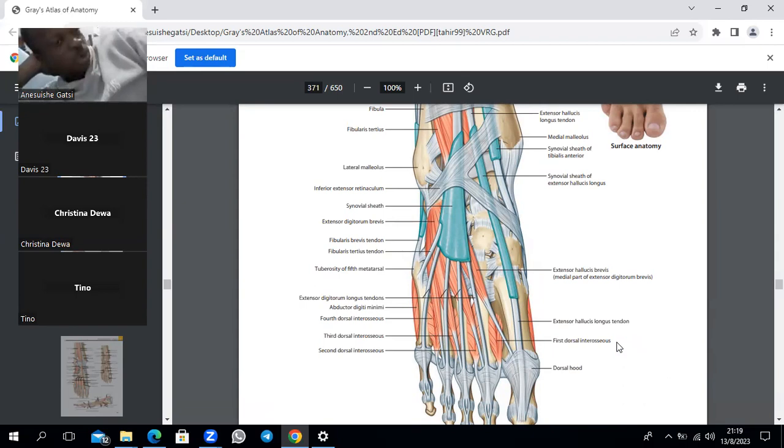Do you think there's a muscle called extensor hallucis brevis? Did you read that somewhere? I'm asking if you read that somewhere.